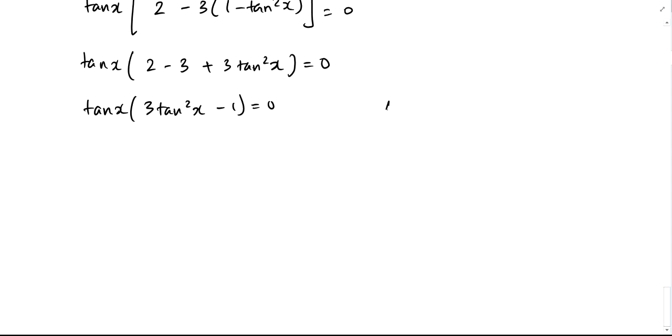And now it becomes a case of a times b equals to 0 again. So we have two options. Tangent x is equal to 0, or tangent square x is 1 over 3.